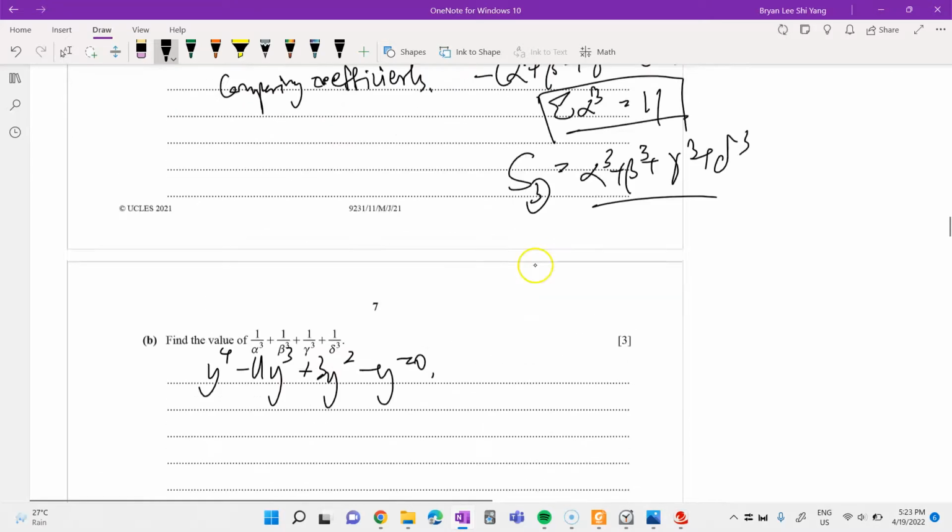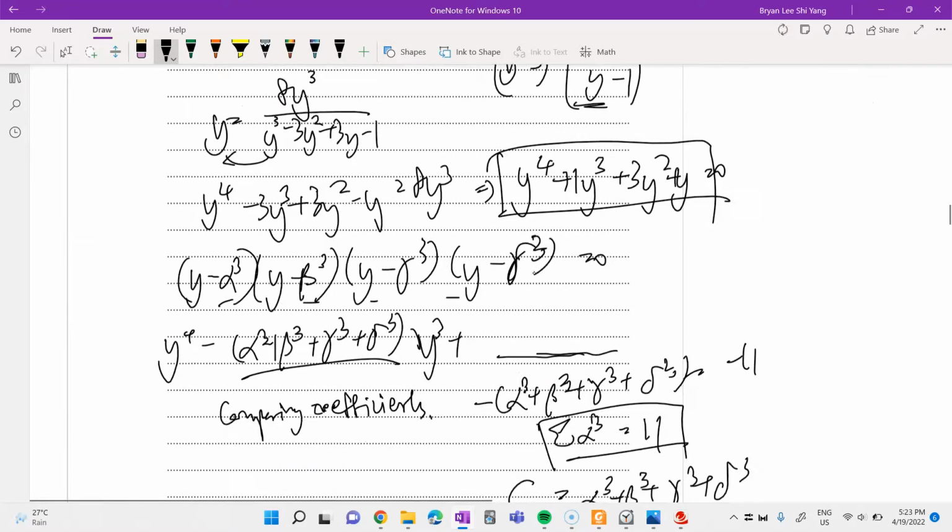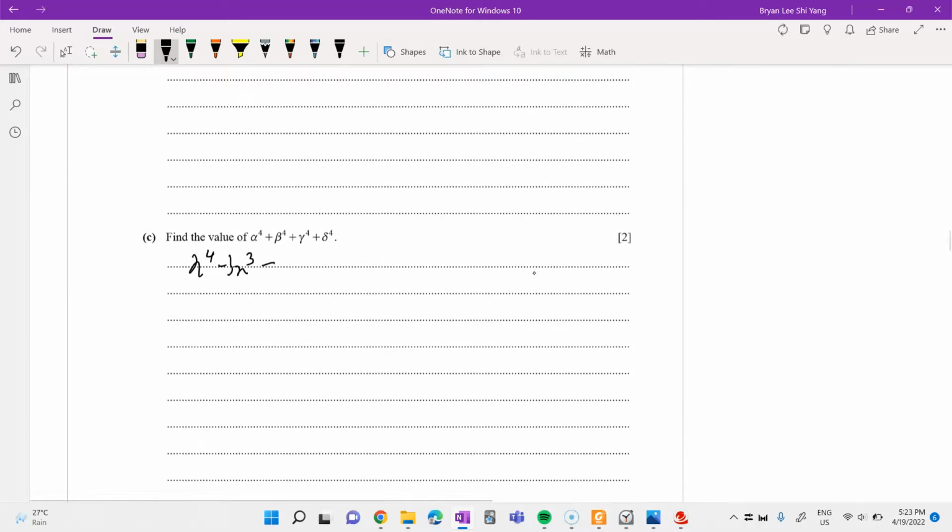Yeah, minus 1. Then why do I keep forgetting stuff? Oh my god. Minus 2x cubed minus 1 equals 0. So if I write alpha to the 4th minus 2 alpha cubed minus 1 equals 0, then beta to the 4th minus 2 beta cubed minus 1 equals 0, I write 4 of these equations.